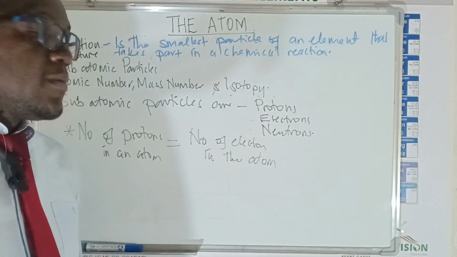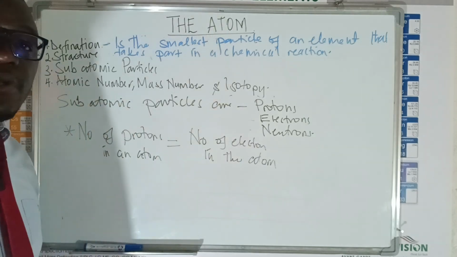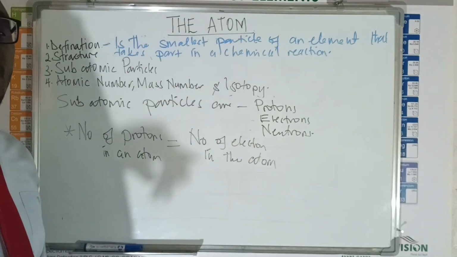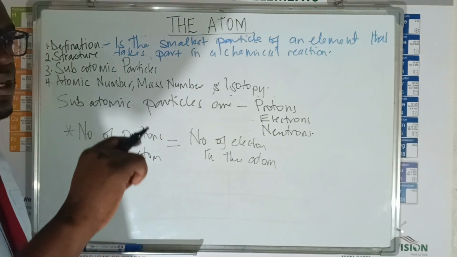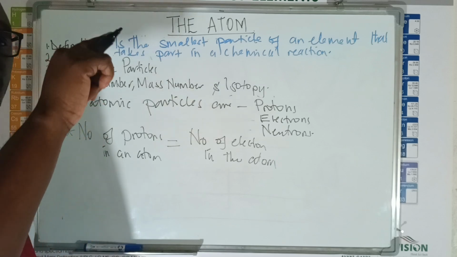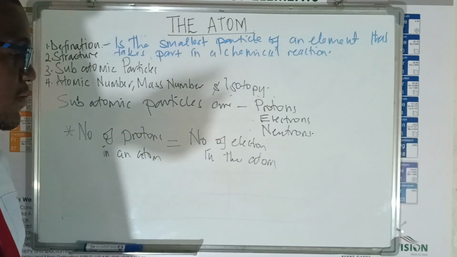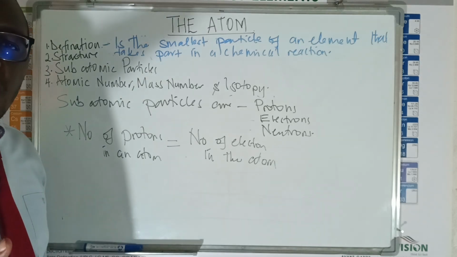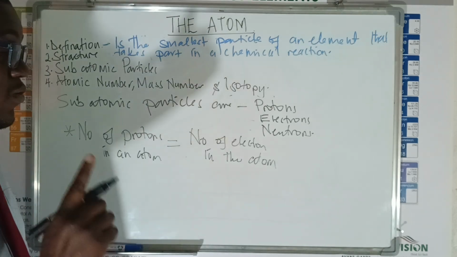At any given time, the number of protons will always be equal to the number of electrons in that atom. So if you have 10 protons in the nucleus of an atom, you are sure to have 10 electrons around the energy levels of that atom. So for this reason, the atom is electrically neutral. Why?